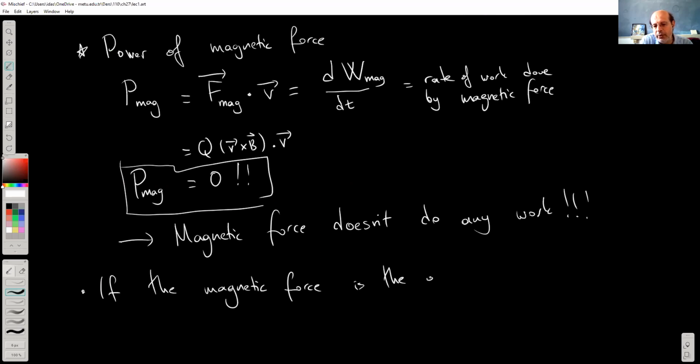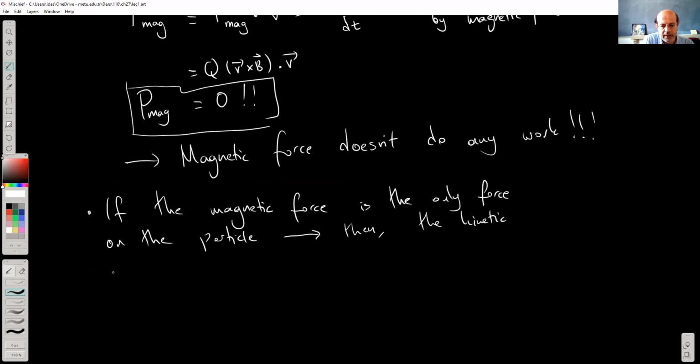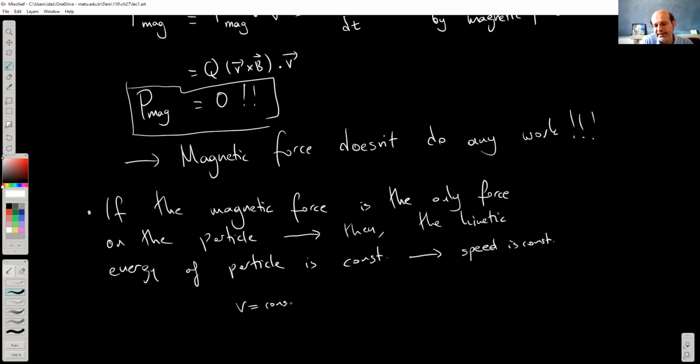In that case, the kinetic energy of the particle is constant, which means speed is constant. Velocity changes, but the speed doesn't change.